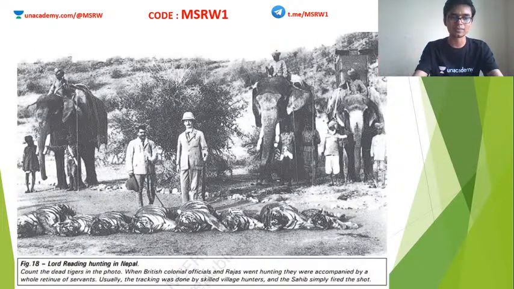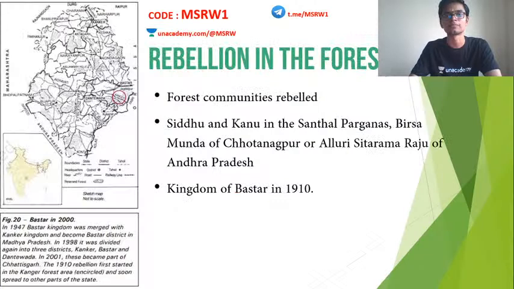You can see another image here. One of the British Governor Generals, Lord Reading, went on a hunting expedition and himself killed so many tigers. See: 1, 2, 3, 4, 5, 6, 7, 8. In one hunt, this person killed 8 tigers. This was the fashion, the indiscriminate killing of wildlife by the British, the colonizers, just for sport.